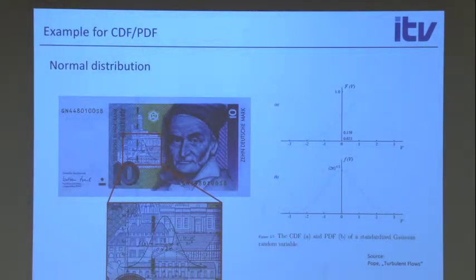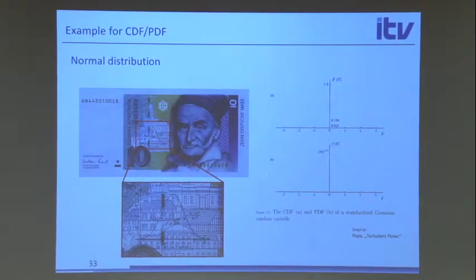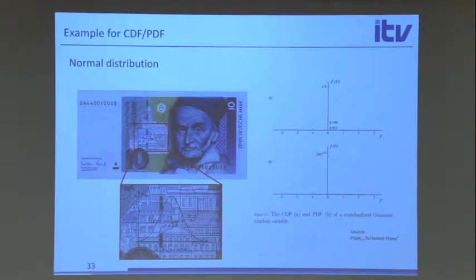The most common one is the Gauss distribution, the normal distribution. I think we have the formula on the next page, but it has two parameters, a mean and a variance. This is the so-called standardized one, normalized such that the mean is at 0 and the standard deviation is equal to 1. This is how this function looks, and this is the CDF.